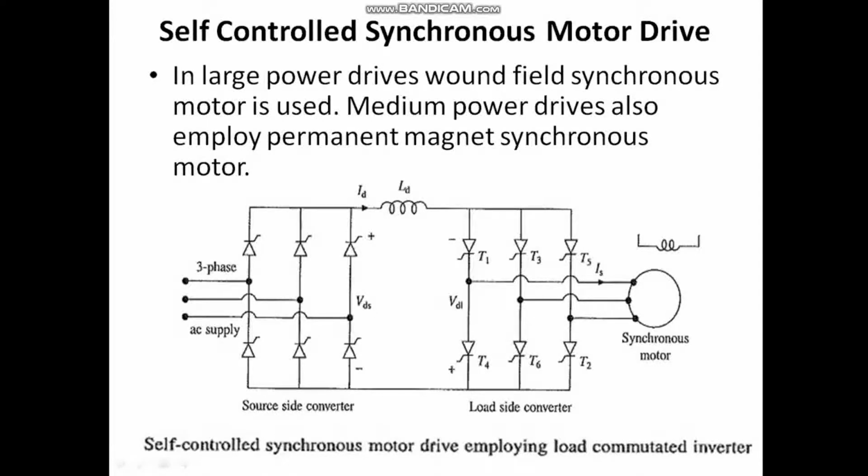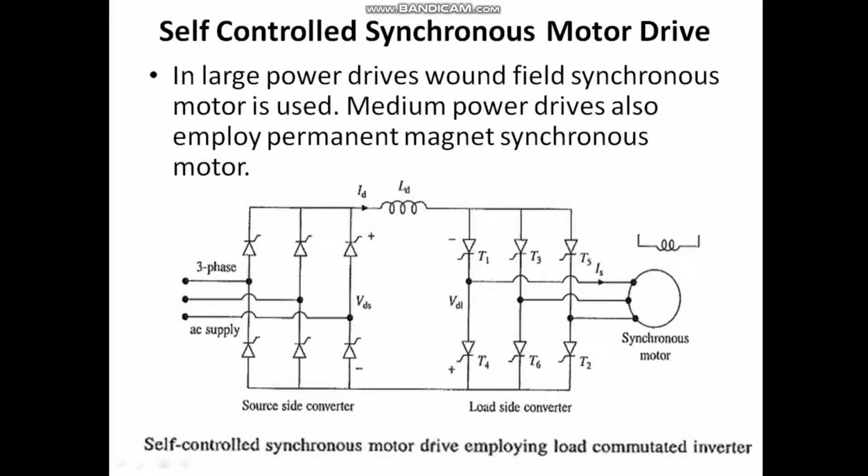When we say load commutated inverter, here we are going to use 2 converters of 6 switches each, with the inductor LD.